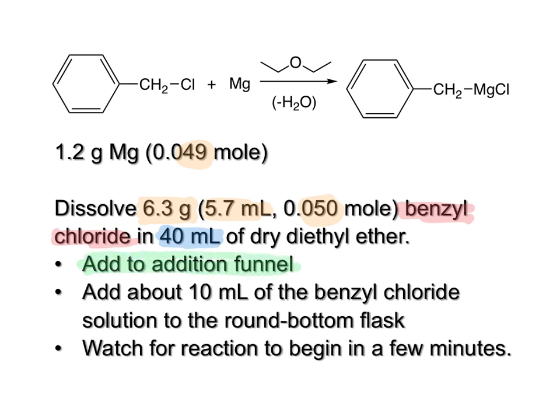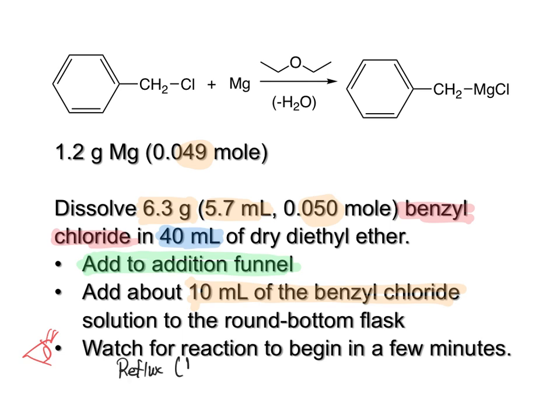When we've got that in the addition funnel, we will add about 10 milliliters of that solution to the round bottom flask, and then we will watch. If a reaction is beginning, it will begin to reflux.